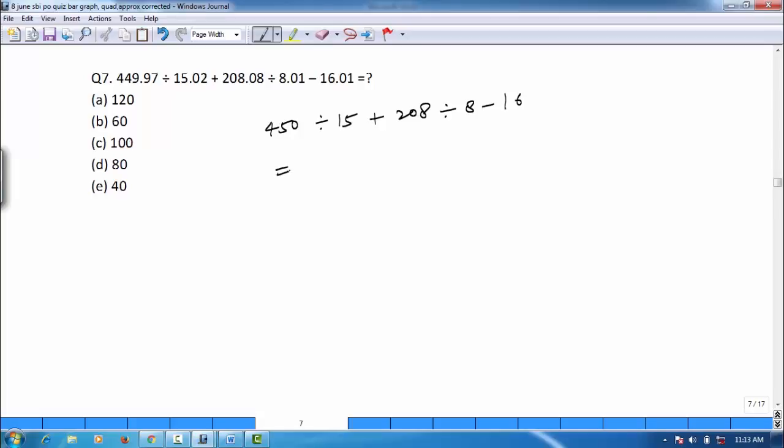So that will be equal to 30 plus 26 minus 16, is equal to 30 plus 10, is equal to 40. So E is the correct option.